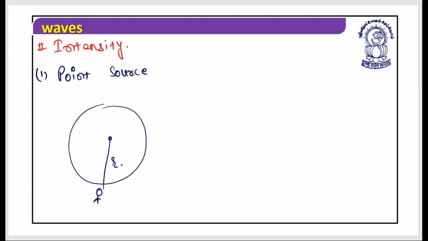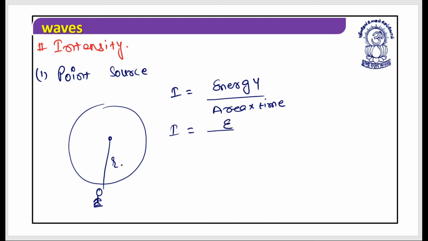And if you are at this end, the intensity you are receiving is energy divided by area into time. I hope this is clear. So basically intensity is energy divided by area, which is 4 pi r square into time.